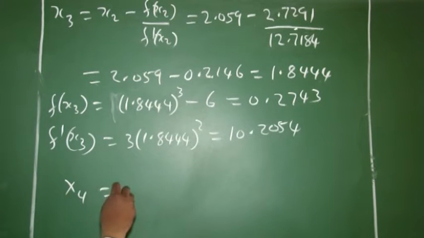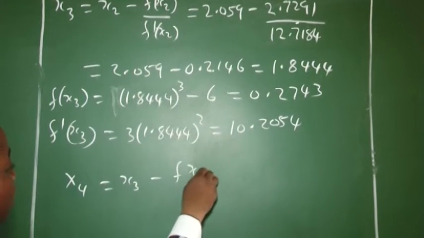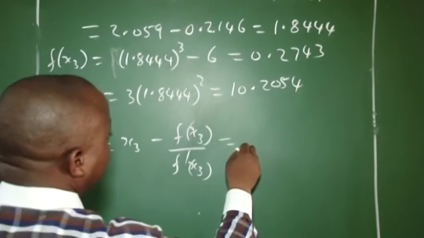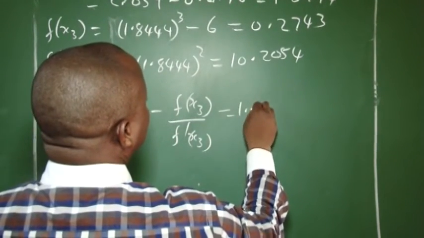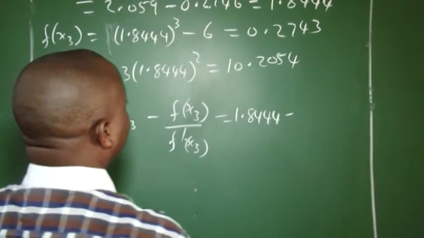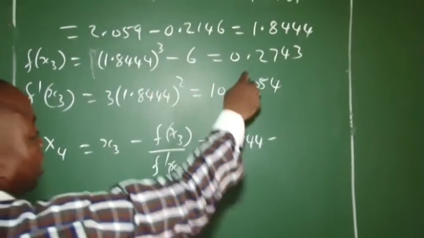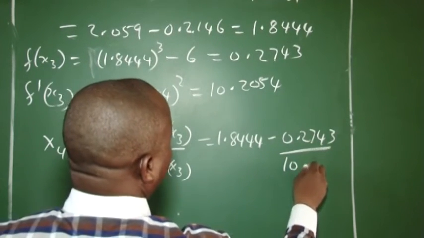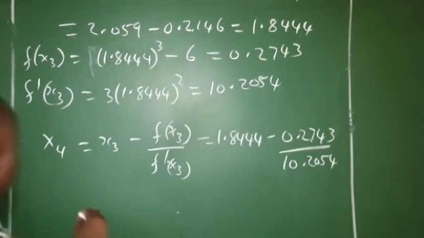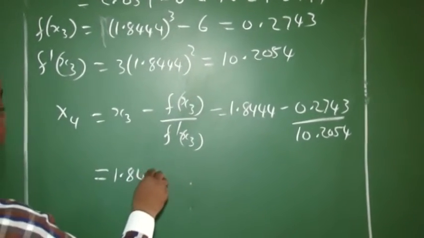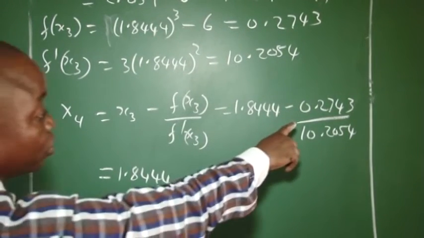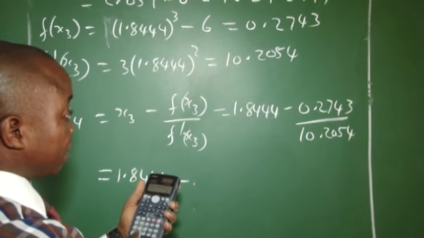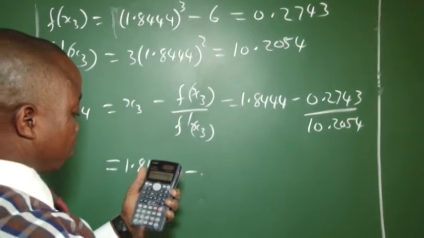Now x4 is equal to x3 minus f of x3 over f prime of x3, which is 1.8444 minus 0.2743 divided by 10.2054.